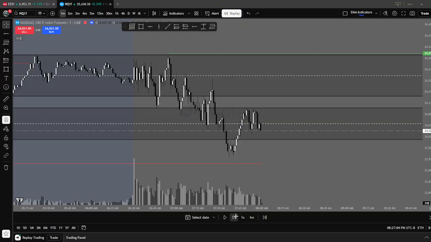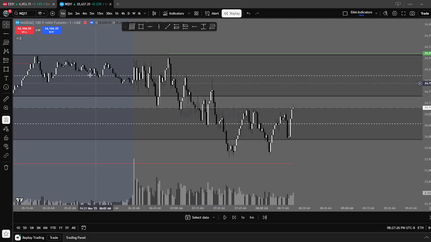Okay, well, we're getting a second bit of consolidation here. Making a second push for the session low. What time are we at here? 8:14. Yeah, that's really not ideal. Okay. We finally close above.